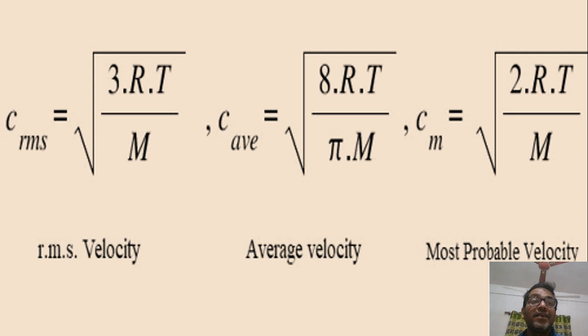And I told you that the RMS velocity, the average velocity, as well as the most probable velocity, all three are directly proportional to the square root of the temperature, and the rest of the terms are parameters, that means constants. Okay, so this is basically the expression.